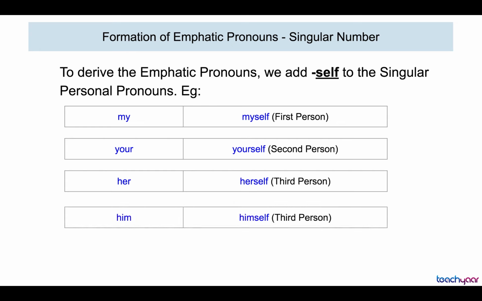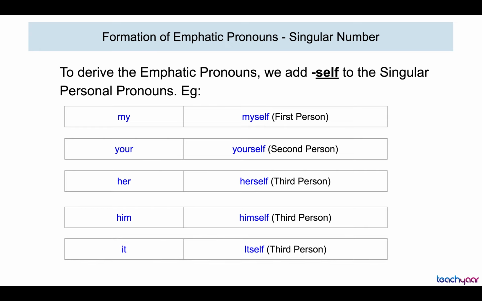In the case of masculine gender, him is the personal pronoun, and we add self and we get himself. In the case of neuter gender, we have it, which becomes itself. So this is how emphatic pronouns are formed in the case of singular number.